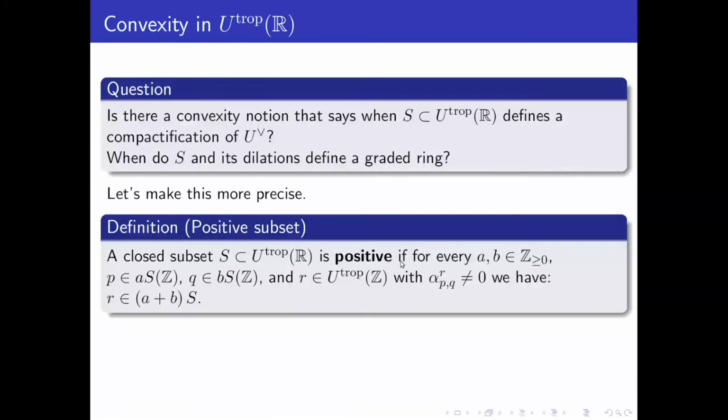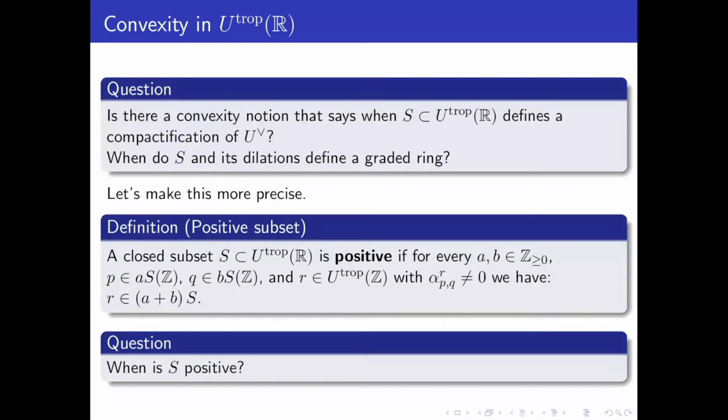And positive is just explicitly laying out that condition. All I'm asking for is that dilations of my subset respect theta function multiplication so that we can get a graded ring out. Okay, so the new question then is, when is a subset S of U trop R positive?